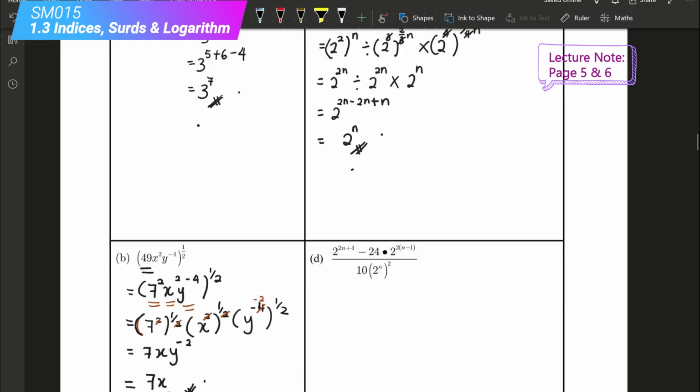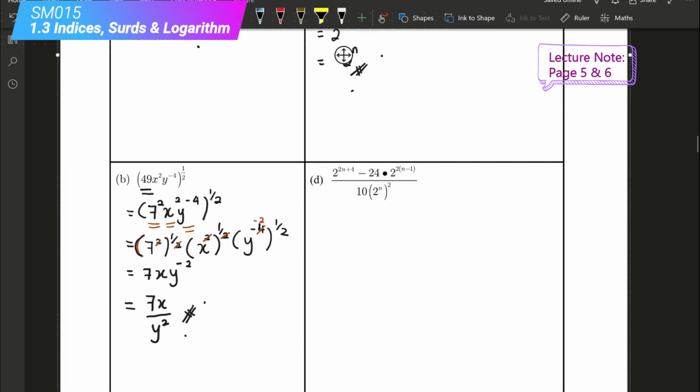Okay. Now we go to the last question, which is question D. This is a bit trickier, but try to follow as much as you can. How to solve this? What can we see here?